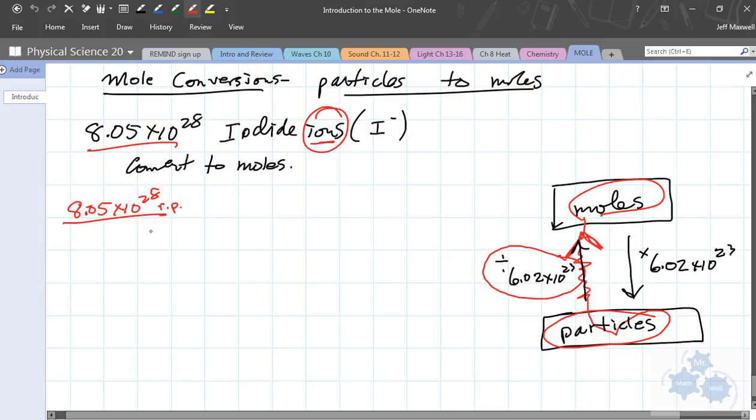That's ions, atoms, molecules, formula units, etc. And you divide that by Avogadro's number, 6.02 times 10 to the 23. So this is particles, and if you want to take a look at your units, make sure they're lining up. This is representative particles per mole, right? And when you divide that, you're going to get moles as your unit.